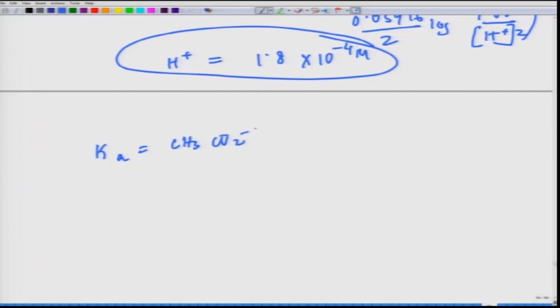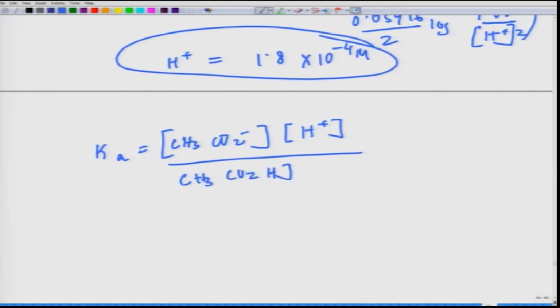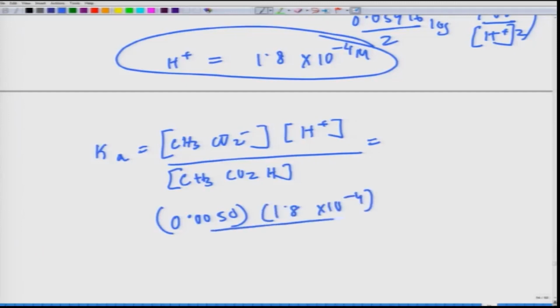If you remember on the left hand side how the concentrations of CH3CO2 minus and CH3CO2H were shown, and if you insert the values now, this is what you are going to get. And that brings us to 5.